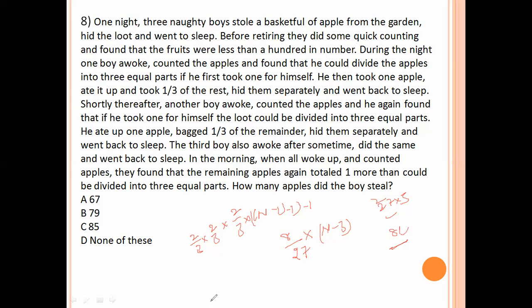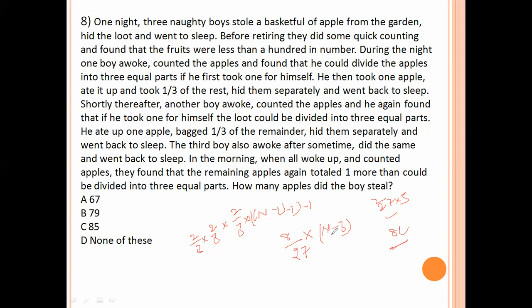So once again listen: 2/3 into 2/3 into 2/3 into n minus 3. But here we also check the condition. They found that the remaining apples again total one more than could be divided into 3 equal parts. How many apples did the boys steal?